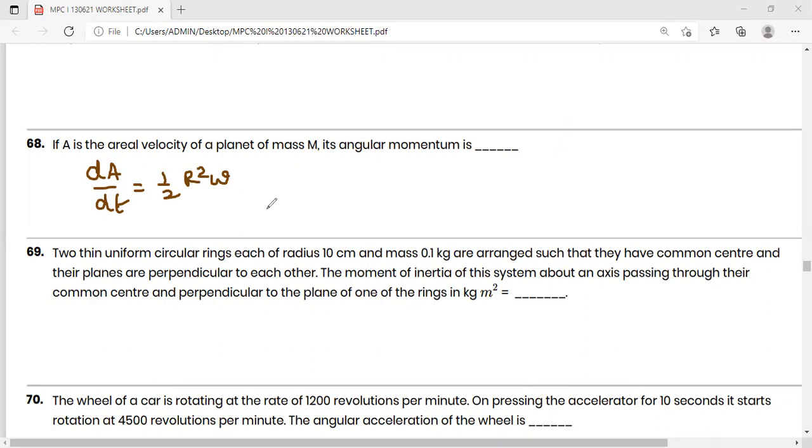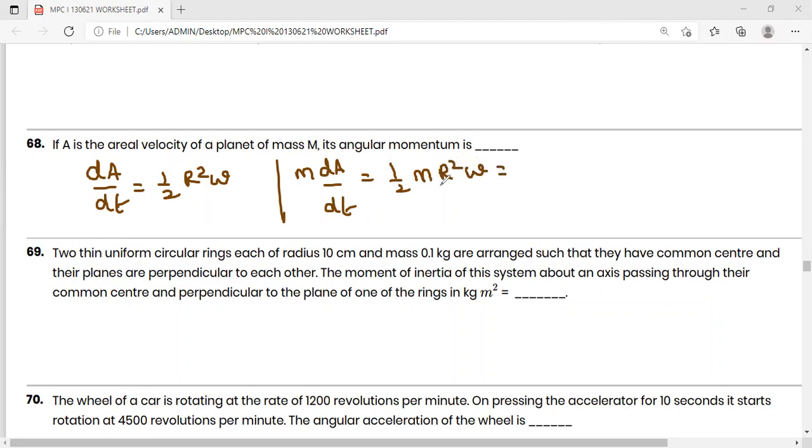And you have to write the formula for angular momentum, so better you multiply with m on both sides. Then you will get m into dA by dt equal to half into m r square omega.